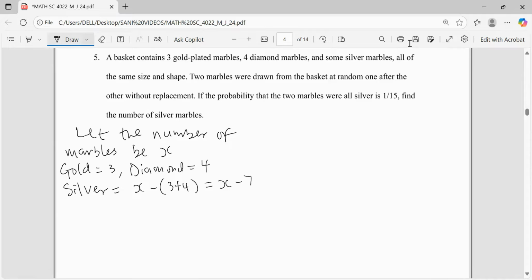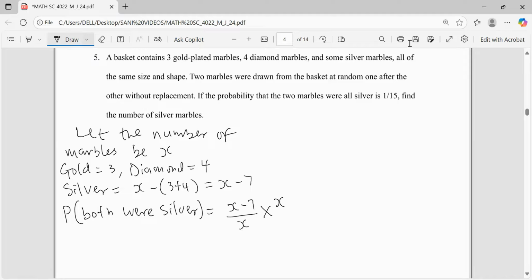Now, probability that both marbles drawn were silver. The probability that the first silver was picked is x minus 7 over x, times the second marble picked again.